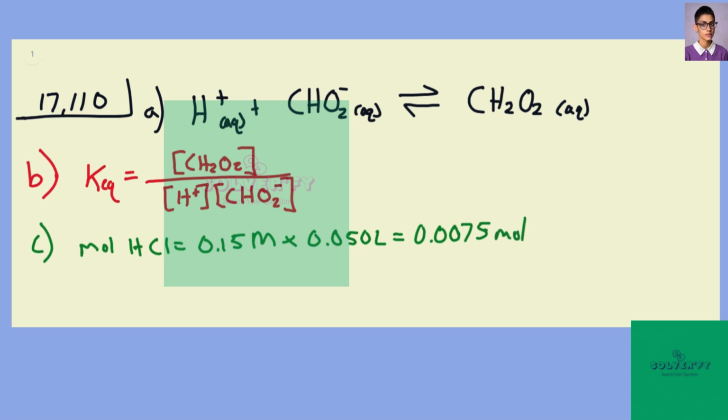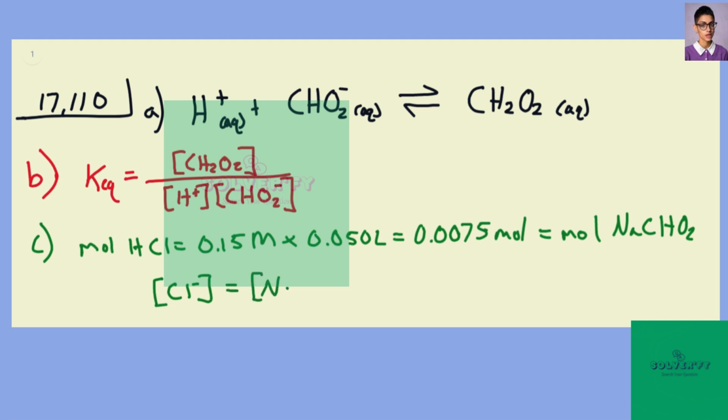And because the values for sodium formate are exactly the same, this also equals the moles of NaCHO2. So right away, because sodium and chlorine are not participating in this reaction, we can calculate their concentrations first because that will not change based on the reactivity.